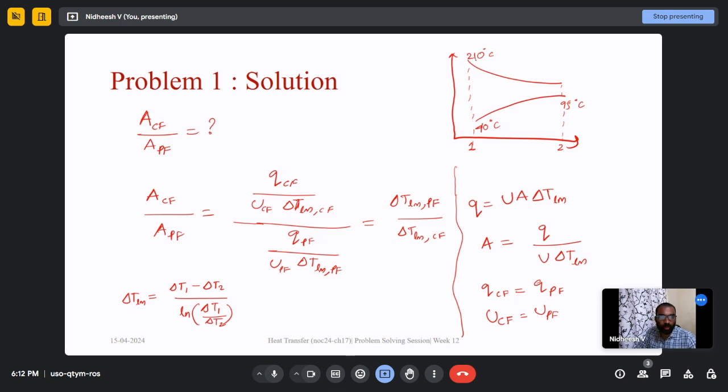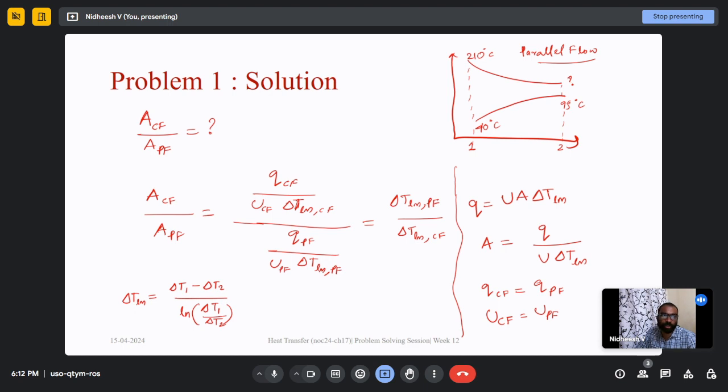For the parallel flow heat exchanger, we can see that we don't know the outlet temperature of the hot fluid. This temperature value is not yet known.